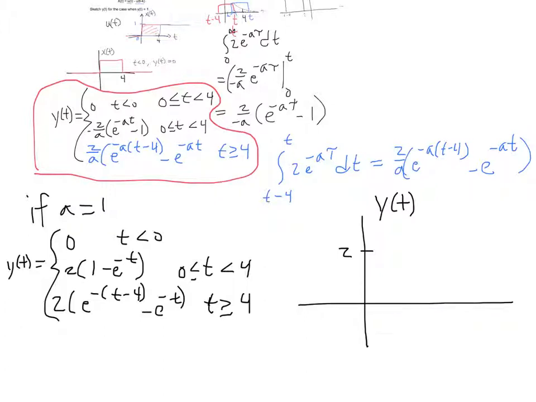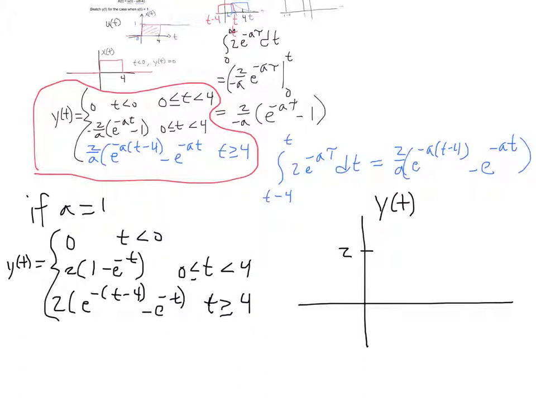So right here we can see it doesn't exist for less than 0. It jumps up to 2, and then it exponentially decays. But it doesn't start decaying until it gets to 4. And then at 4, it decays and approaches 0 infinitely, but never actually gets to 0.